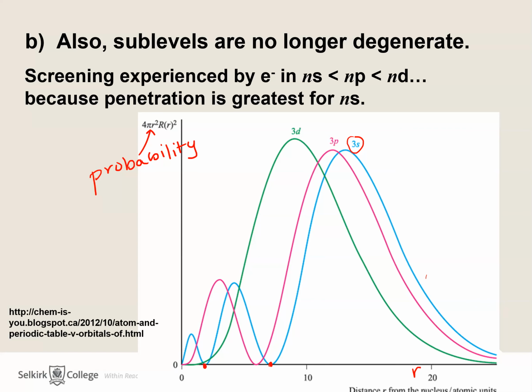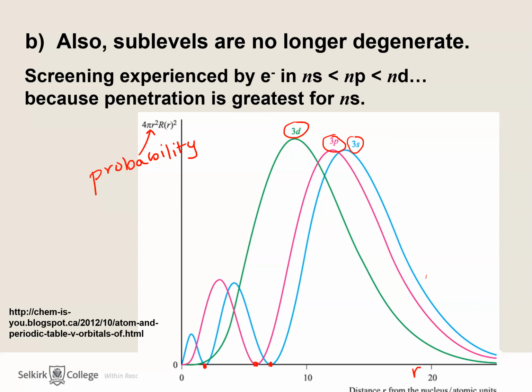Now let's look at the 3p orbital. It's got 1 node here. The 3d orbital, represented by the green line, has no nodes. What's going to matter for me is which orbital will let an electron get closest to the nucleus, because we saw on the previous slide that the closer it is, the lower in energy that it is.